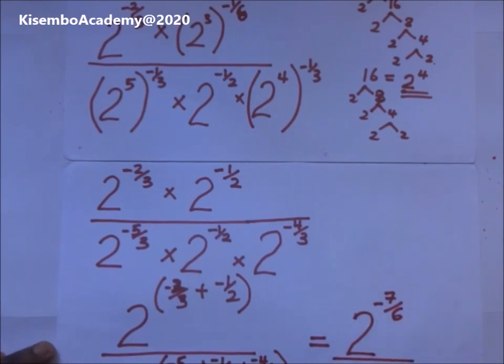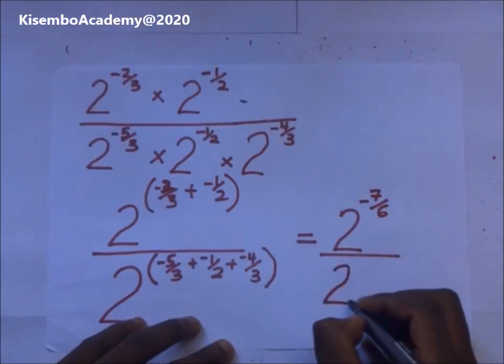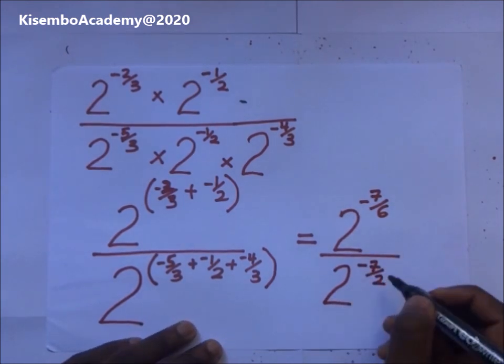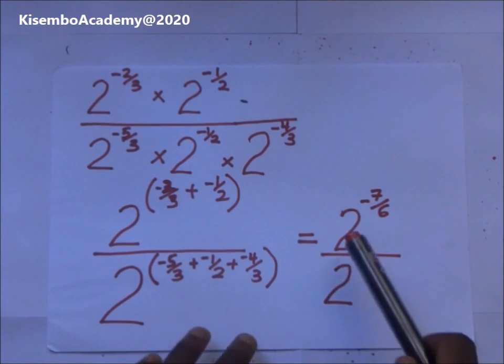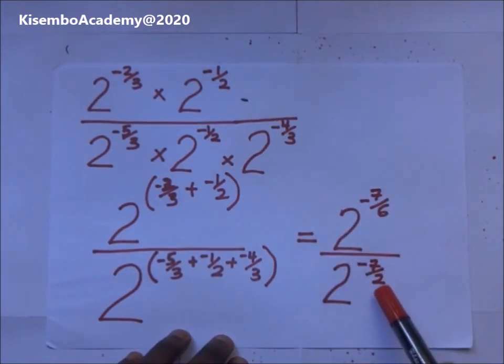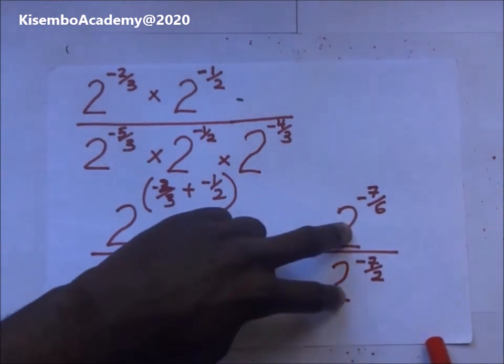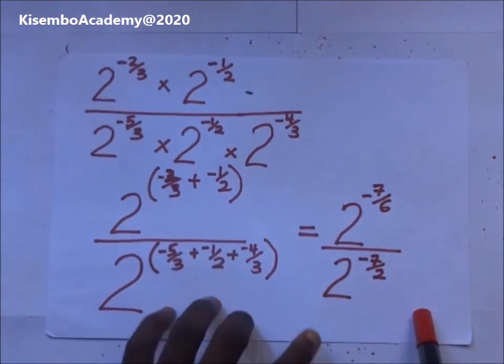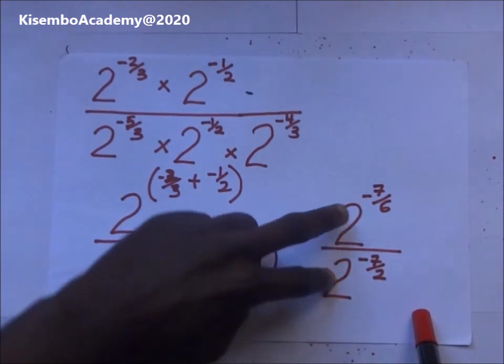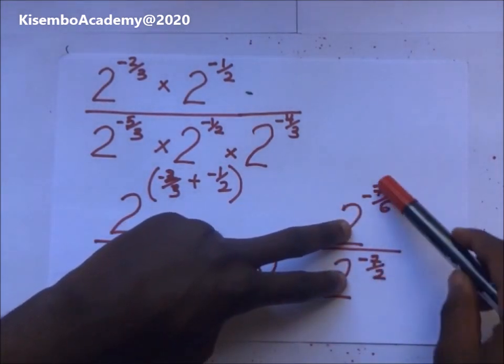Divide all that by, this is 2 to the power negative 7 over 2. Now if you look at this, this is 2 to the power negative 7 over 6, and this is 2 to the power negative 7 over 2. This is division of indices. You're dividing two indices that have the same base. So we're going to maintain the same base and subtract these powers.